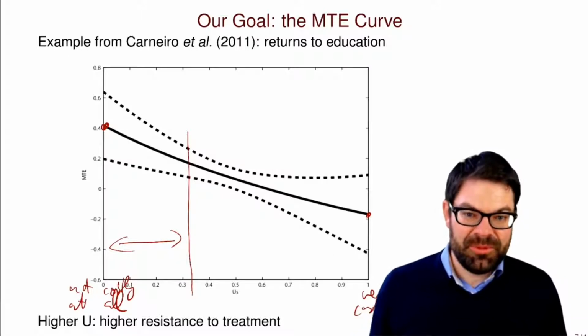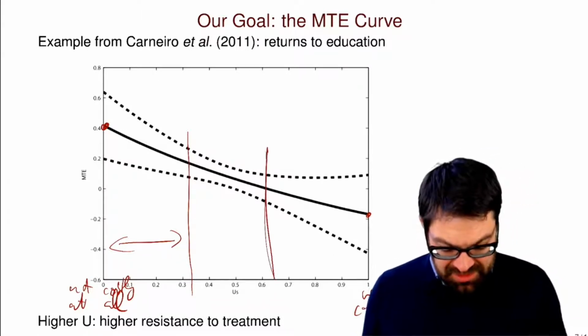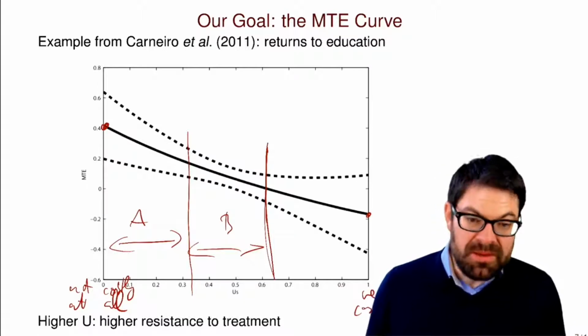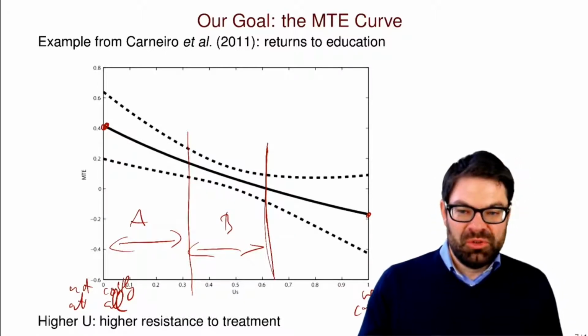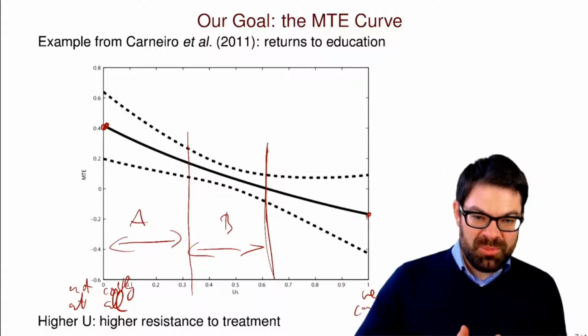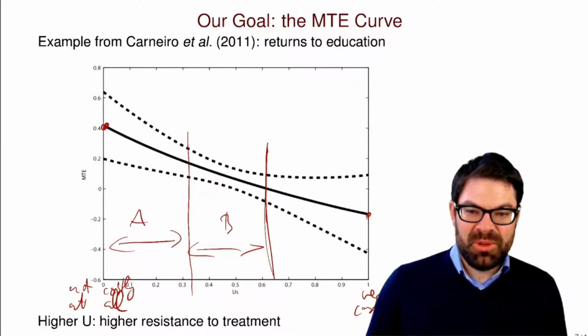But if those people are from, let's say, this part of the distribution, so let's call this section A and let's call this segment B, then the treatment effect that you get from the people in B is much lower than the treatment effect you get from people in A, right?